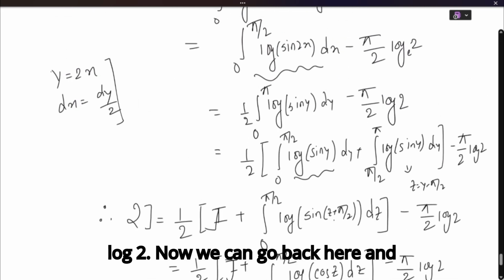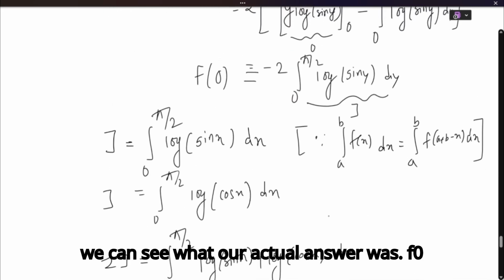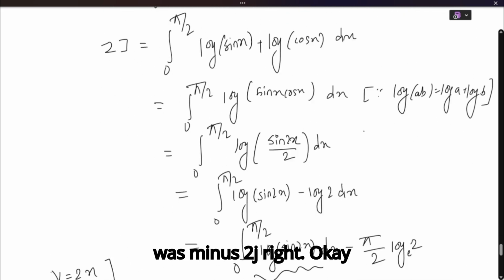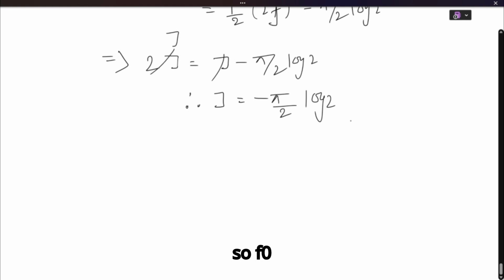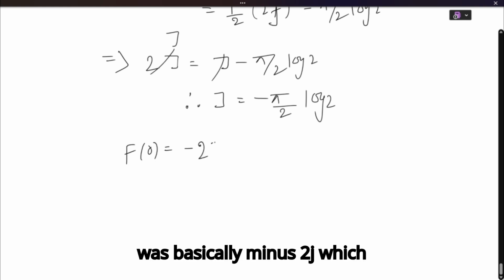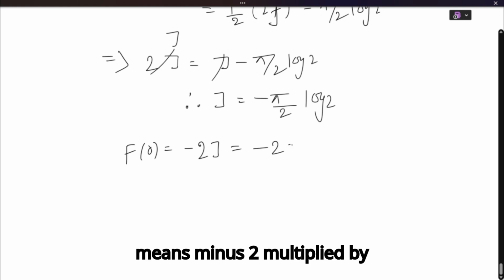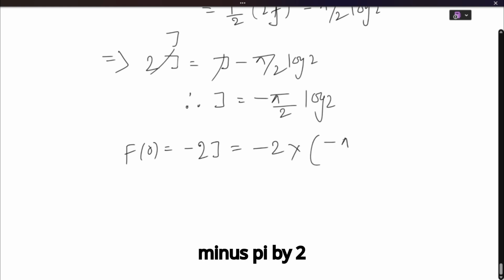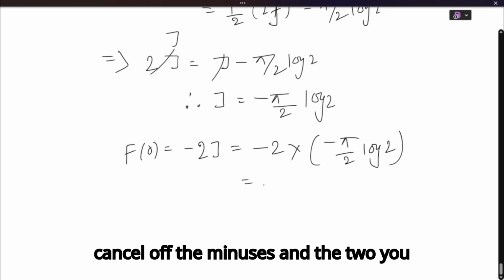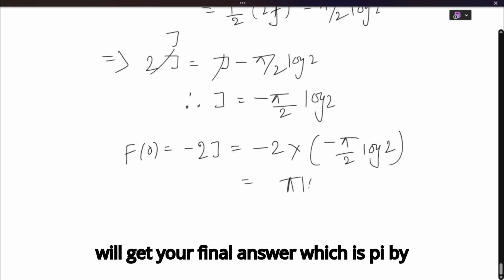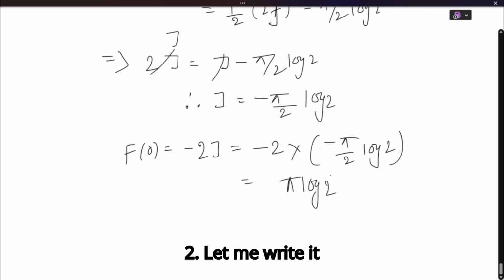Now we can go back here and see what our actual answer was. F0 was minus 2J, right? So F0 was basically minus 2J, which means minus 2 multiplied by minus pi by 2 log 2. Cancel off the minuses and the 2s, you will get your final answer, which is pi by 2.